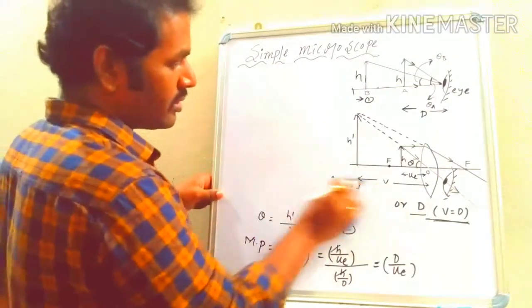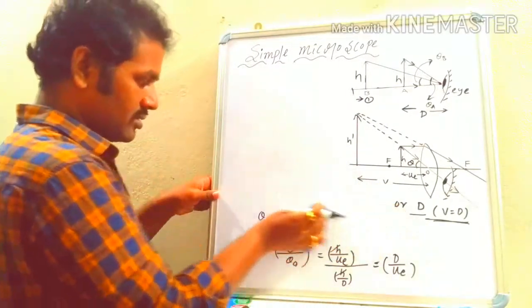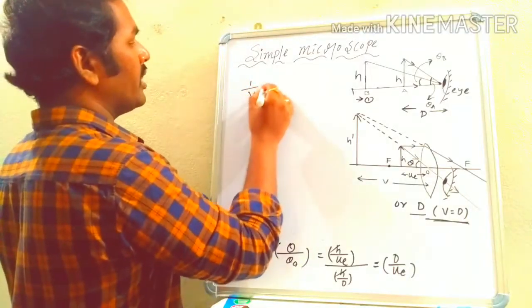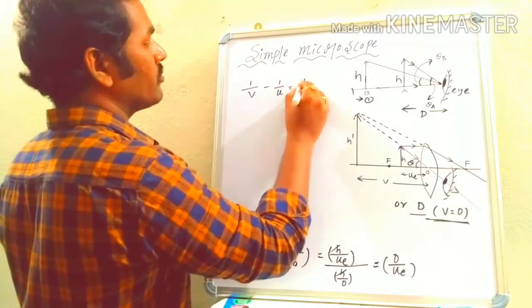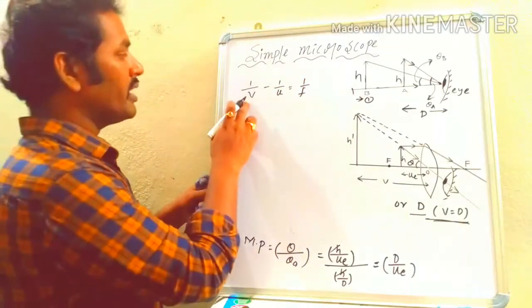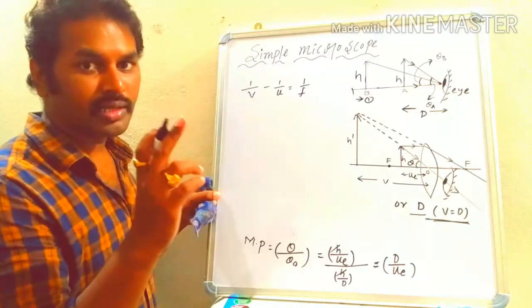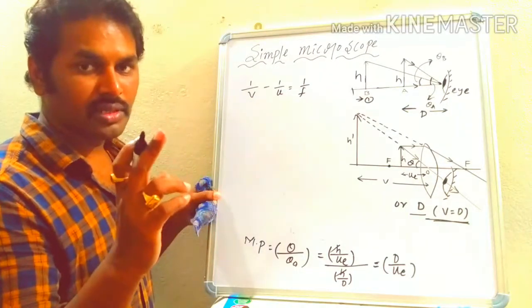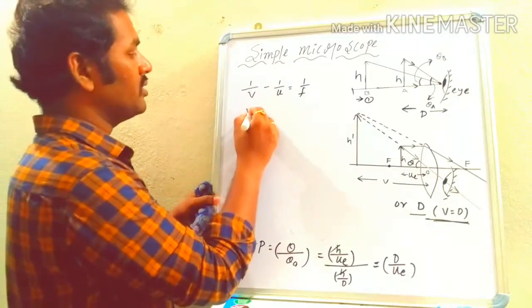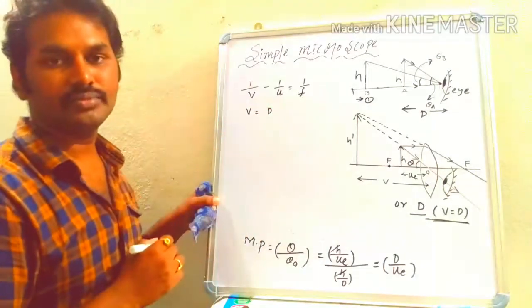Now tell me, what's the lens formula? We know 1 by v minus 1 by u is equal to 1 by f. We are talking about the case where the image is fixed at the least distance, so v is equal to d.